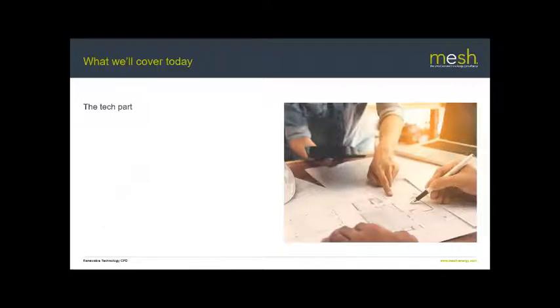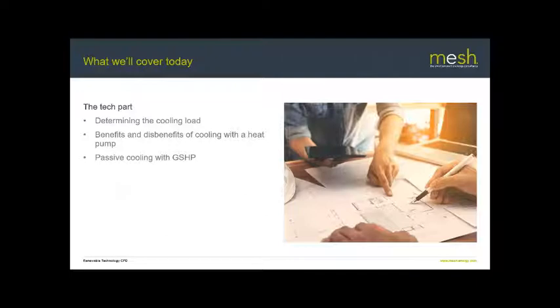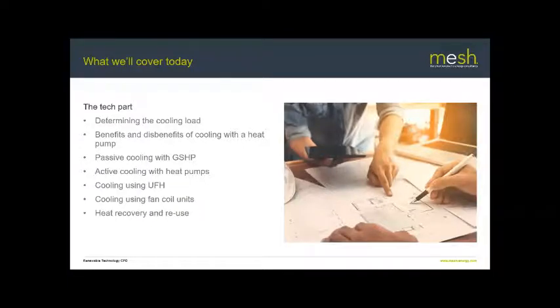We'll then move on to some of the more technological parts: determining the cooling load, the benefits and disbenefits of using a heat pump to cool, passive cooling using a ground source heat pump, active cooling with heat pumps, cooling using the underfloor heating system, cooling using fan coil units, heat recovery and reuse, and finally combining cooling with solar PV.